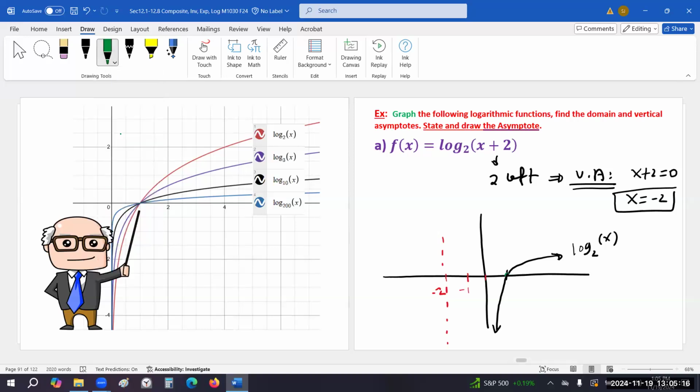So this point, we shift 1 here, and then we shift twice here. So we're shifting our x-intercept 2 units to the left. This is what it means, a two-left transformation. So we are doing the same graph, but this time it's here.